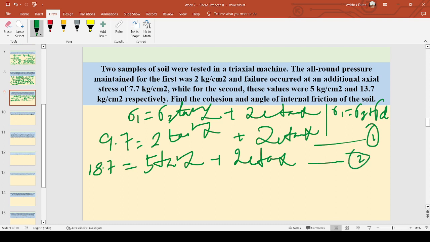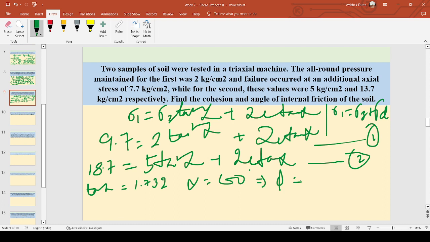We'll solve it simultaneously to get the value of tan alpha. Now if you solve this, we get tan alpha equals 1.732, from which alpha equals 60 degree.